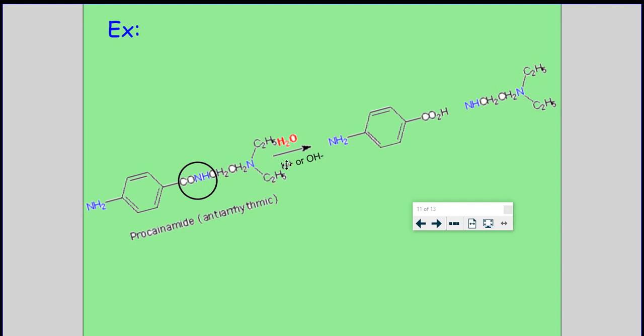Then in the presence of a strong acid, you'll see that it also does happen. This is all based on a mechanism that we haven't learned, that we won't learn, but it can happen with both, in the presence of an acid or a hydroxide, it will break apart into its precursor.